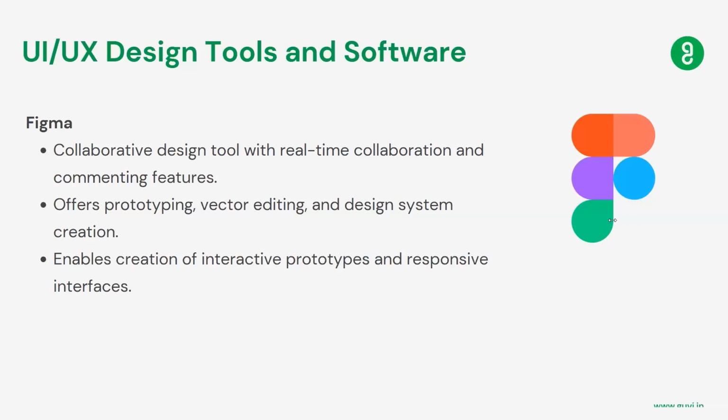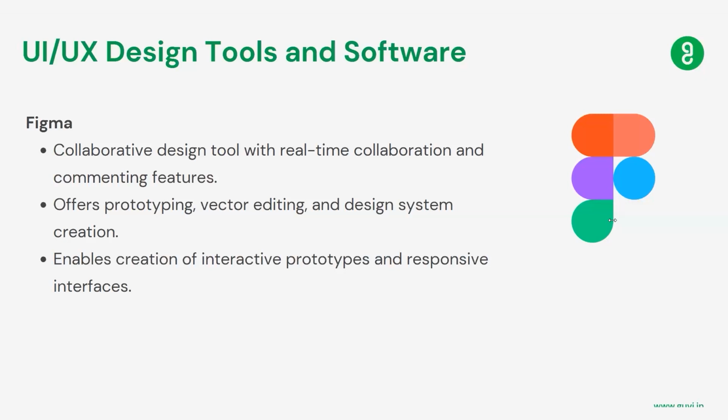It operates in the cloud, enabling real-time collaboration, commenting features, and recently they updated it, and now you will find the dev mode. If you have already tried, you will find a dev mode that helps the developer understand the elements in a much smoother way. Figma offers a wide range of features, including prototyping, vector editing, and design system creation.